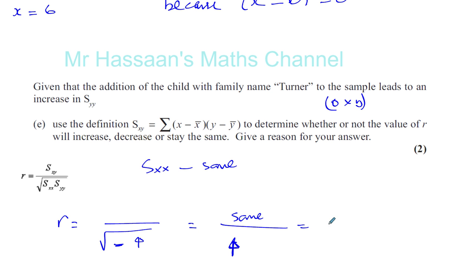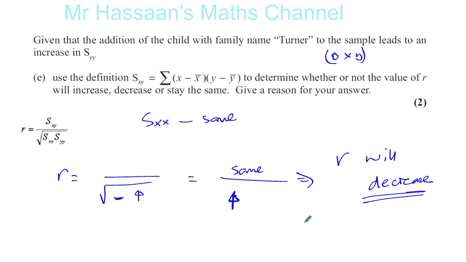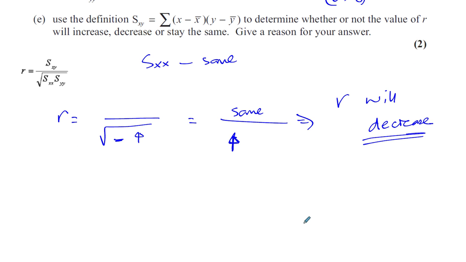That means R will decrease, because you're going to have the same numerator over a bigger denominator. If you divide by a bigger denominator, then there will be a decrease. So R will decrease because the product of the square root of Sxx and Syy is going to increase.